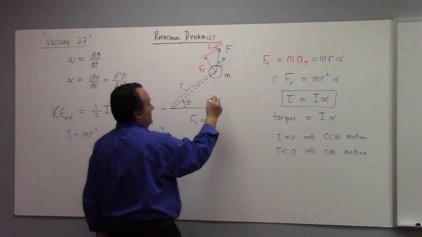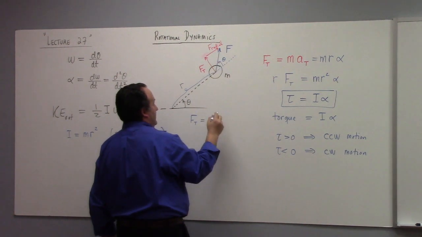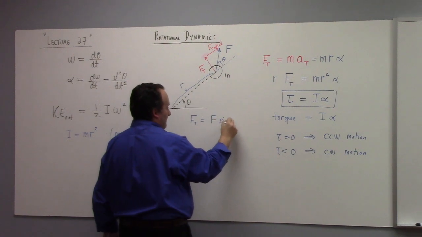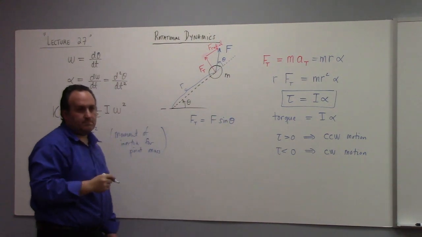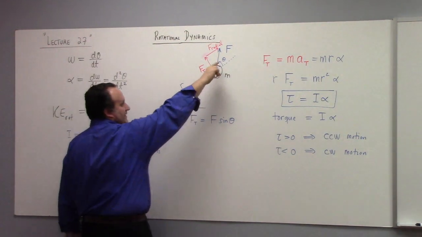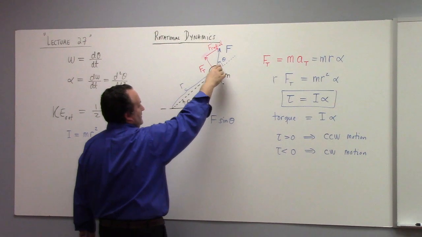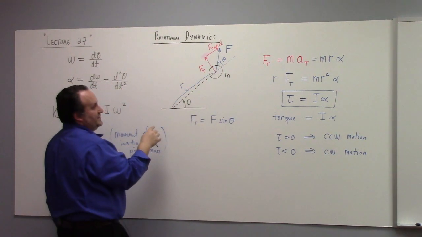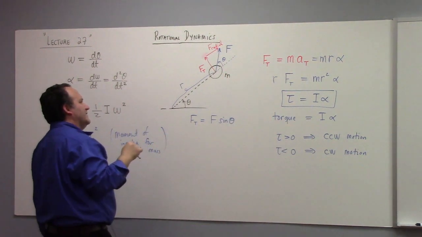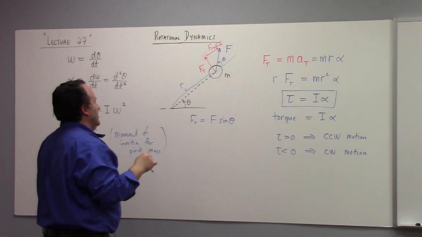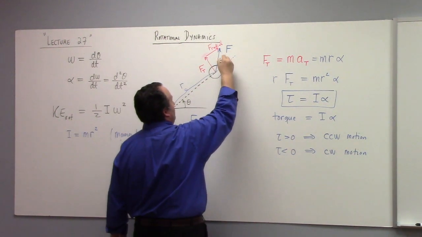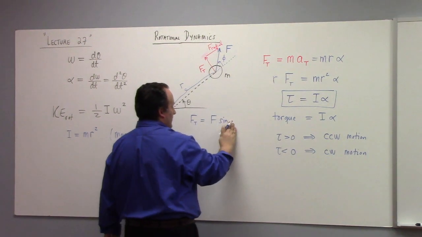It would be F times the sine of theta, right? Notice that this angle and that angle are the same. Well, wait a minute, is that true? That's not true. That theta's got nothing to do with that theta. I better change this to something else. Let's call it phi. Okay, my bad. Sorry about that.